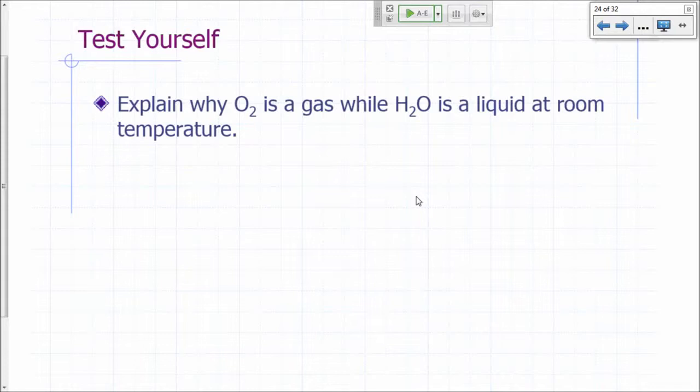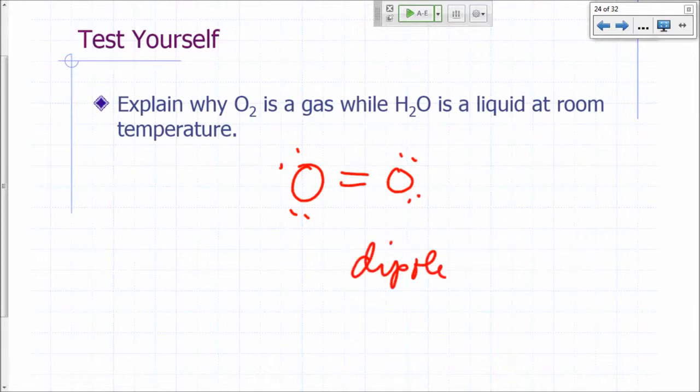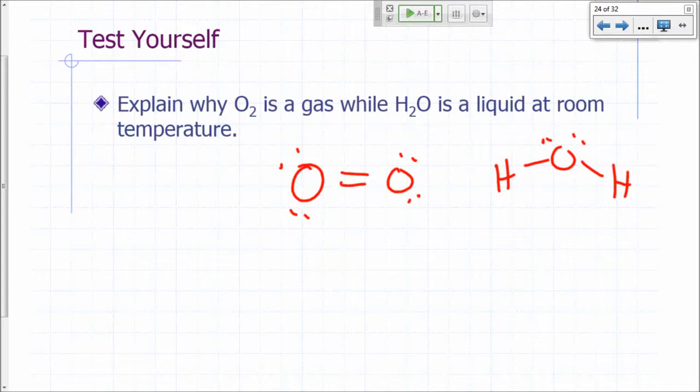So how do you explain why O2 is a gas while water is a liquid at room temperature? What type of interactions do O2 molecules have for each other? Does it have dipole-dipole interaction? Let's compare a pair of oxygens versus a pair of water molecules. Dipole-dipole: oxygen is nonpolar, right?